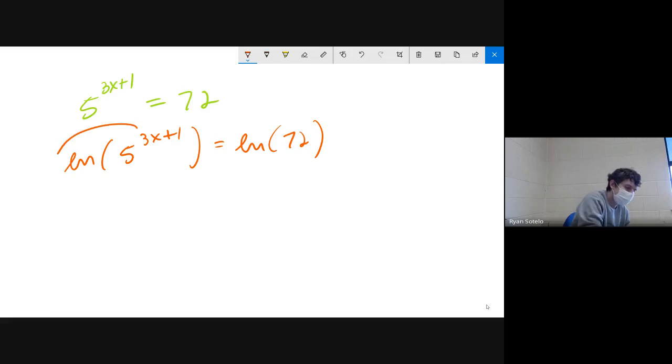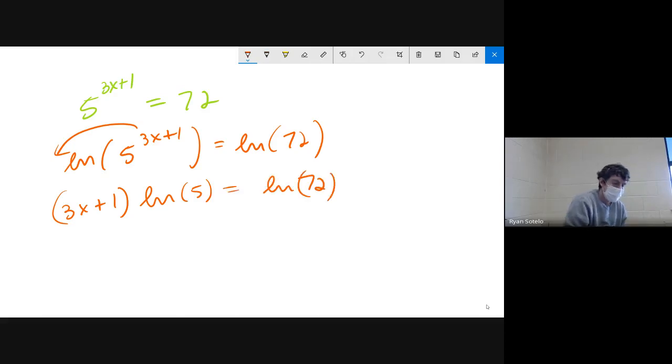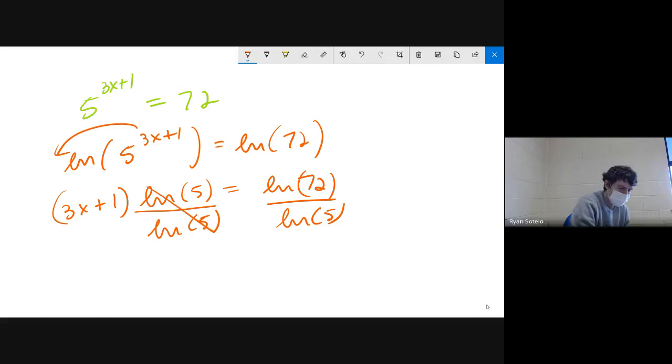You can bring the exponent down now. 3x plus 1 times natural log of 5 equals natural log of 72. I'll divide by natural log of 5 on both sides because it's just a number. And I get 3x plus 1 is equal to natural log of 72 over natural log of 5.